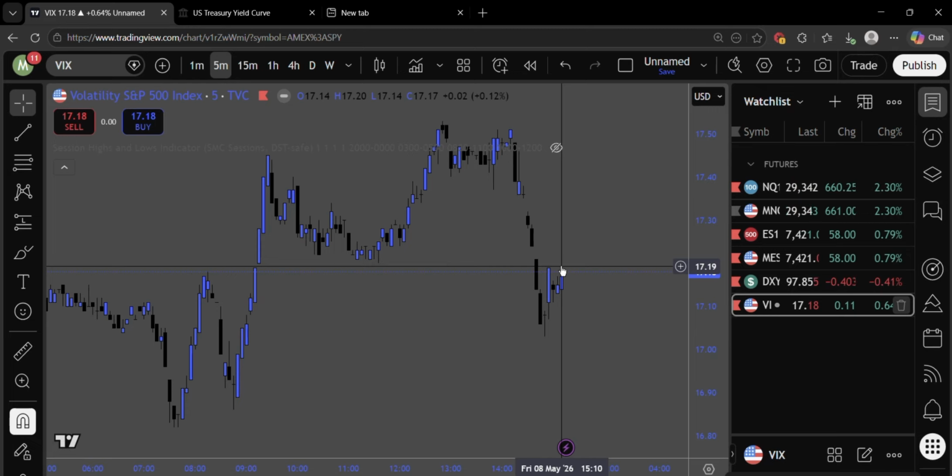this is a very surface level thing, but it's going to be telling you how choppy the market is, or how trend heavy the market is. And usually if it's below 20, it's going to be trend heavy.